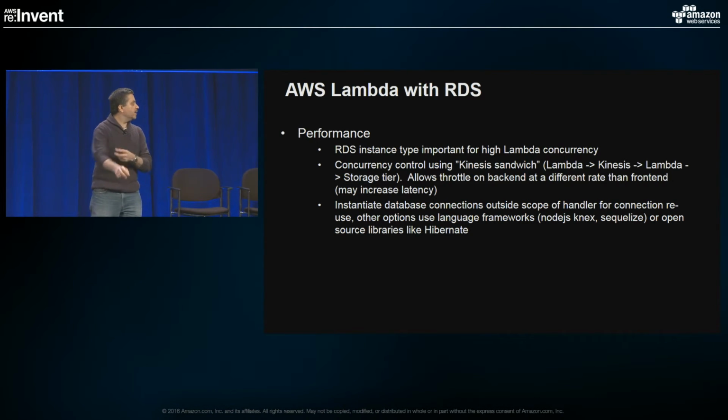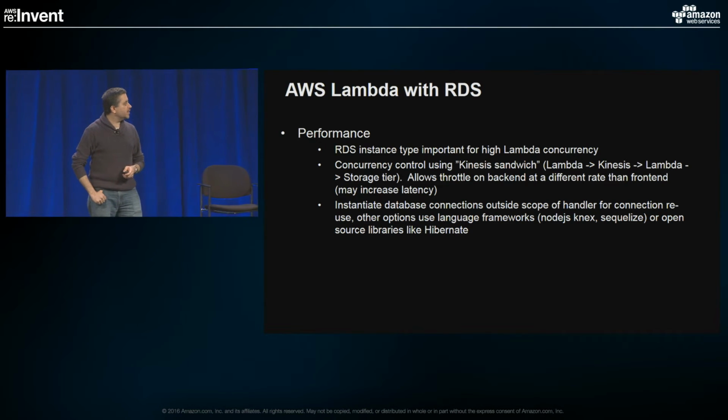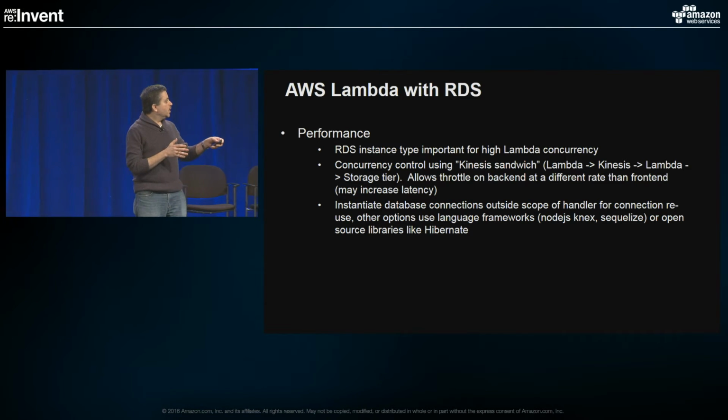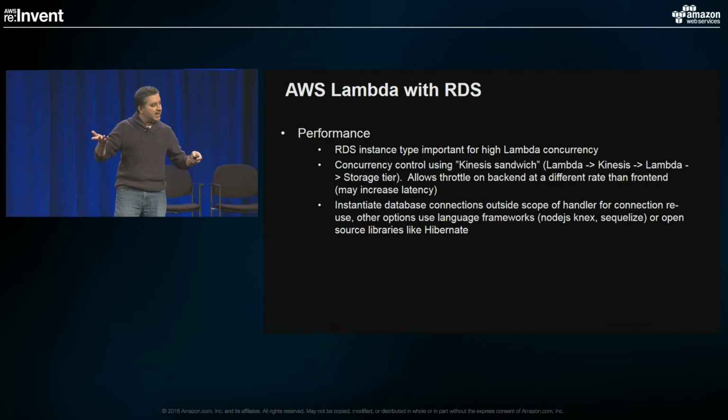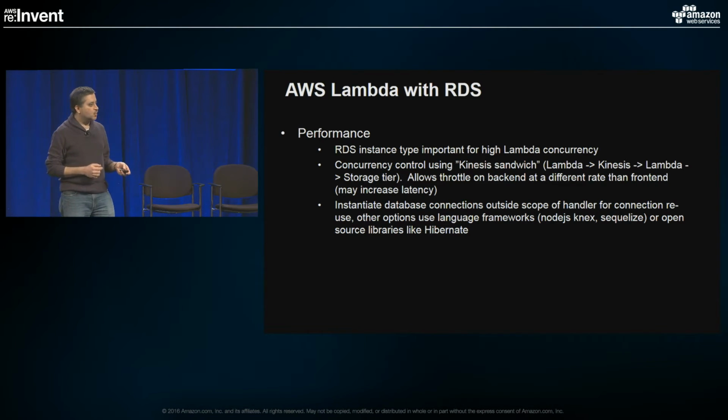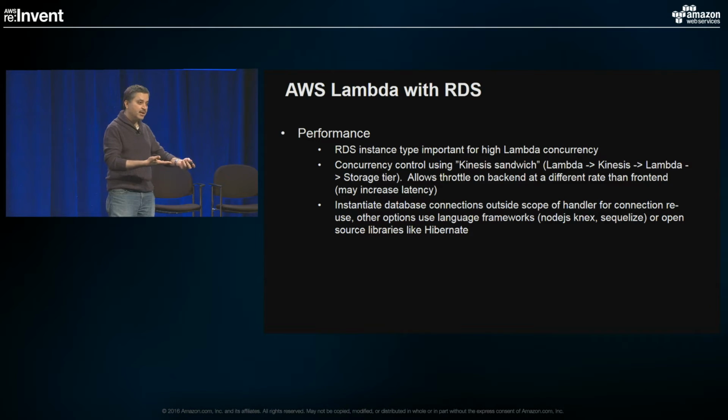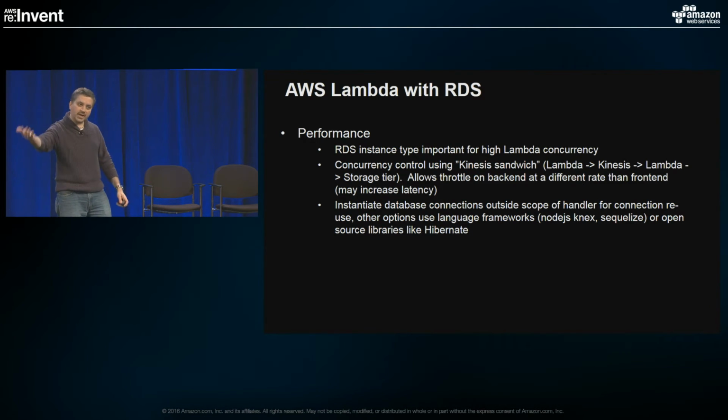There's also an architecture that you can use, which we call the Kinesis sandwich. That means you are throttling the back end differently than the front end. So you have a huge amount of ingress traffic coming in, and then you have Lambda invocations happening. Maybe the backend database is not able to keep up with all the concurrency.